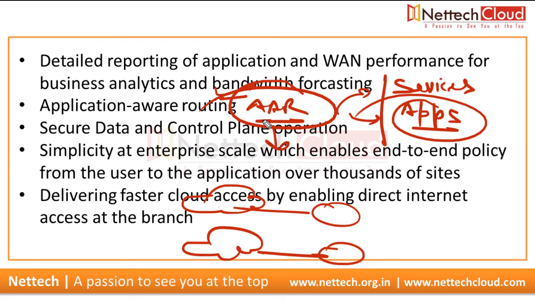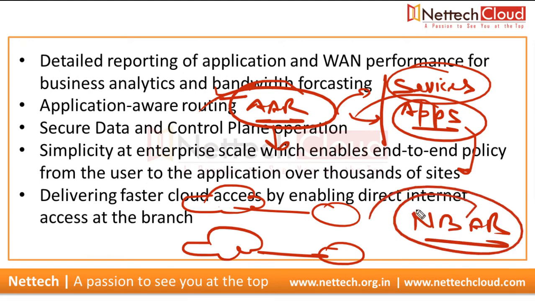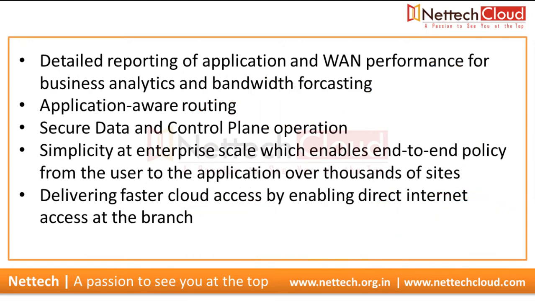Services means destination port, looking at the destination port only to identify applications, and application means looking at layer 7 data, the application header, to identify the application, like NBAR, network based application recognition. So in SD-WAN there are more than 1,000 applications you can use in application aware routing.